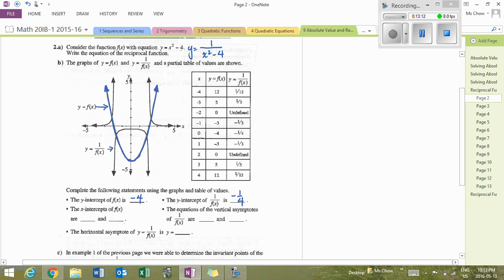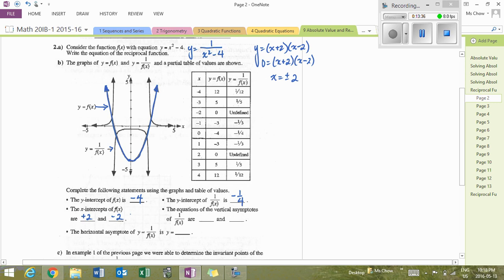We know that if we factor y equals x squared minus 4, we would have y is equal to x plus 2 and x minus 2. It's a difference of squares. So if we're looking for the x-intercepts, we set y equal to 0. That tells us that our x-intercepts are, of course, plus or minus 2, so positive 2 and negative 2.